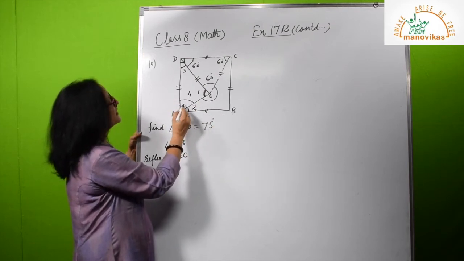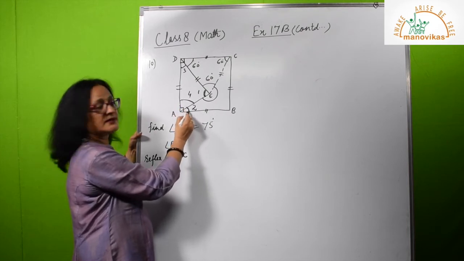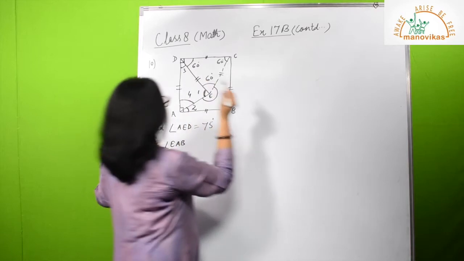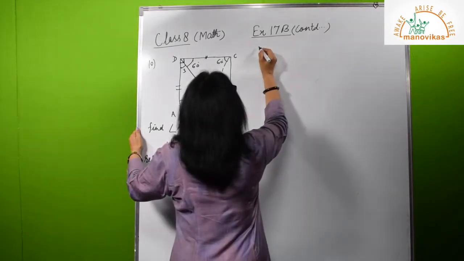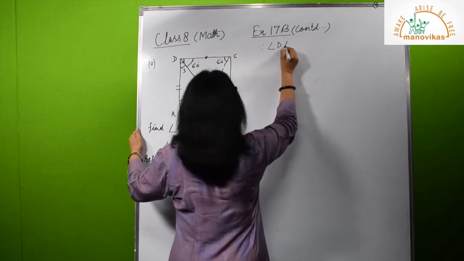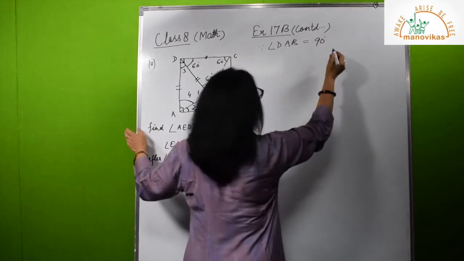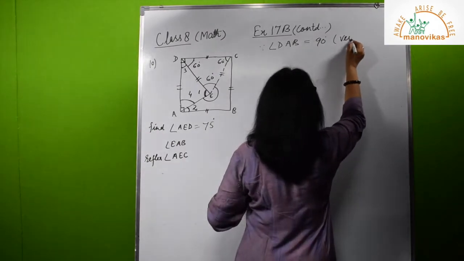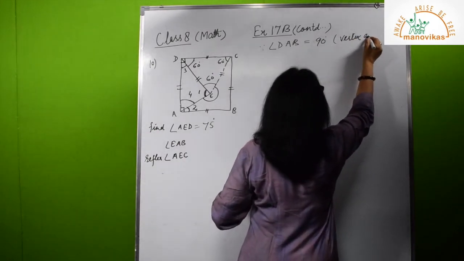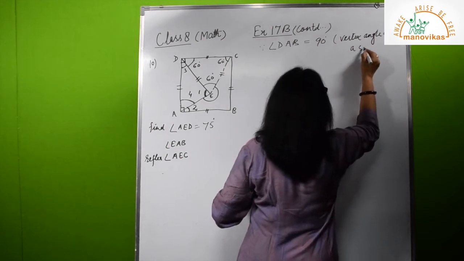So if you subtract this angle 4 from 90 degrees, you will get angle number 2. So let's take this only. Angle DAB is equal to 90 degrees. Why? Vertex angle of a square.